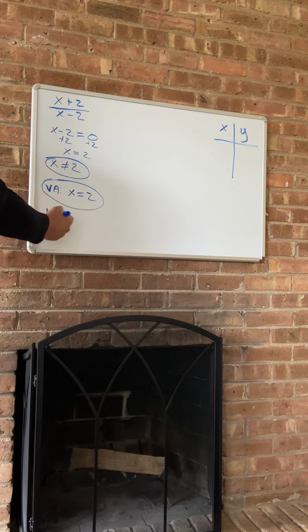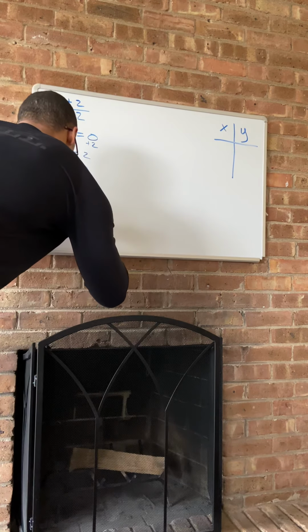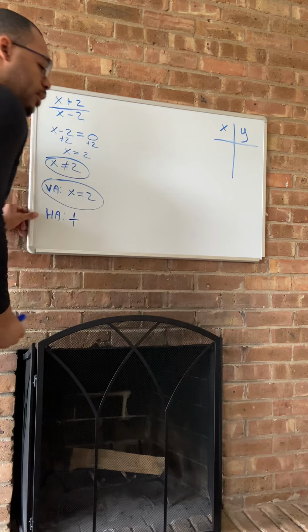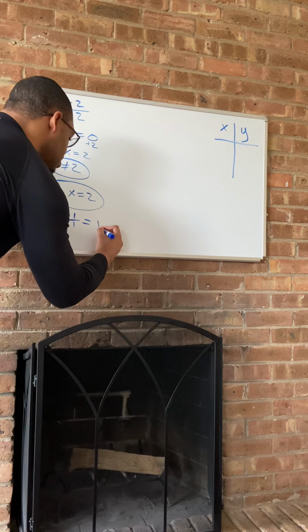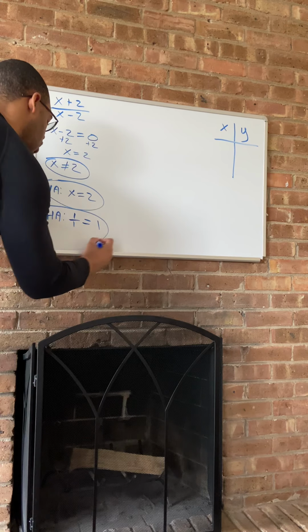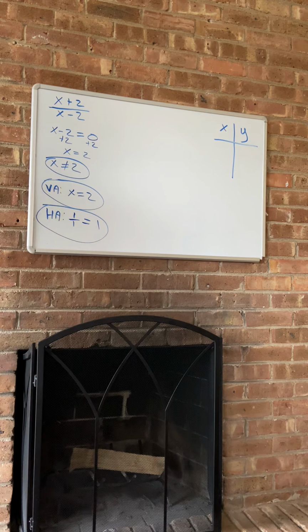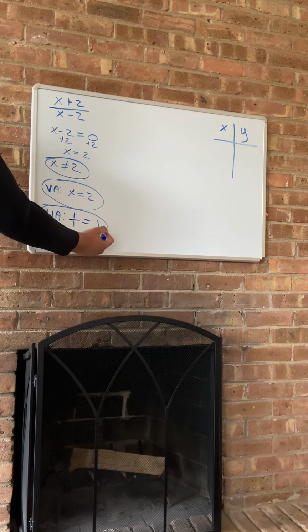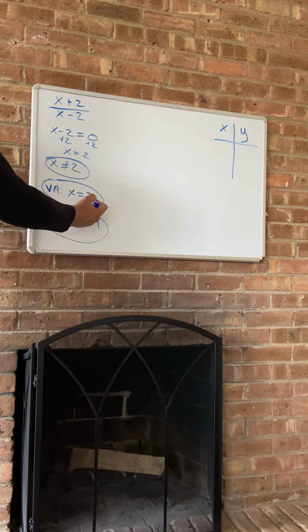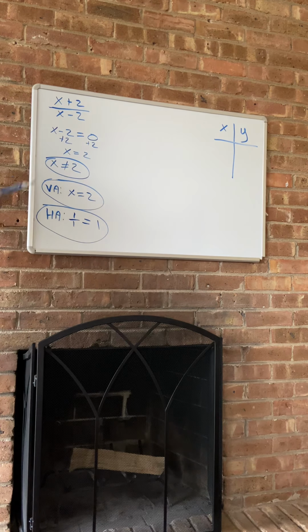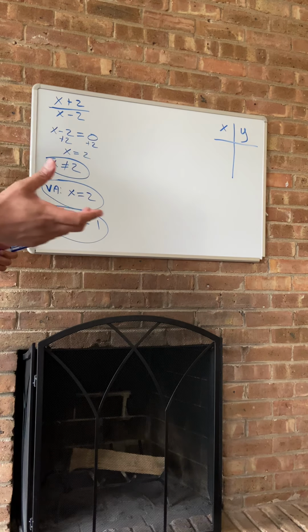So the horizontal asymptote would be 1 over 1, which is equal to 1. Again, got my coefficients from the numbers in front of x, which would be 1. So my horizontal asymptote is at 1, my vertical asymptote is at 2, and I already found my domain. So the three things that we need to do are already found.